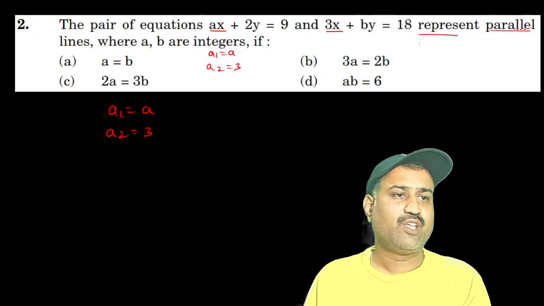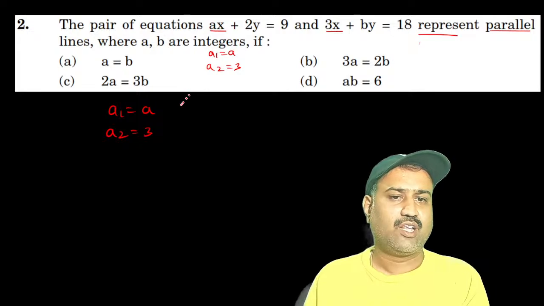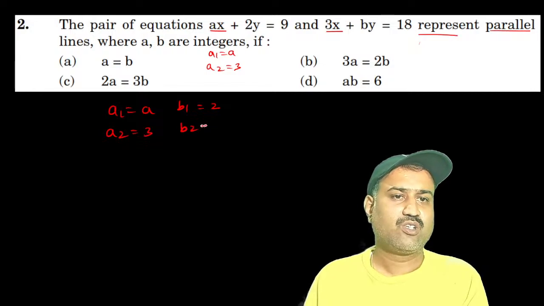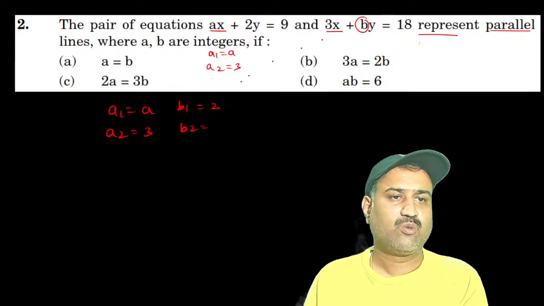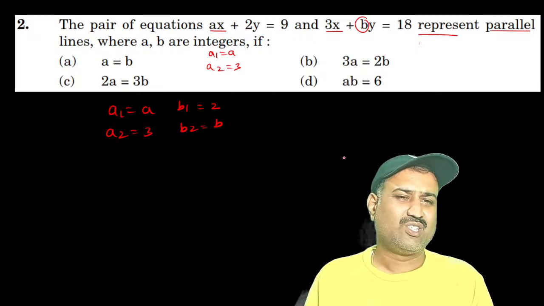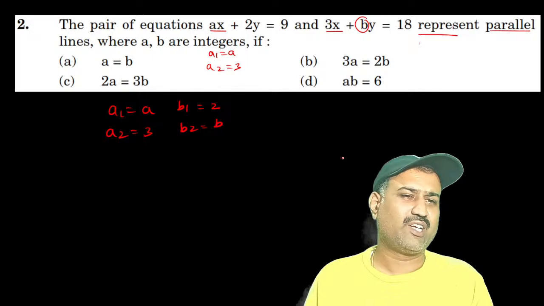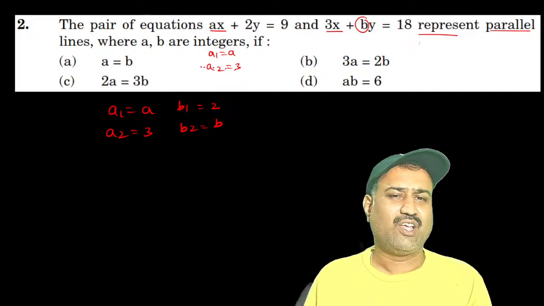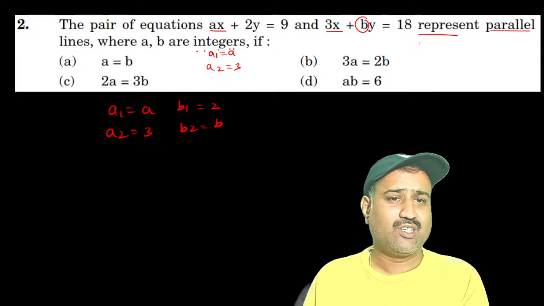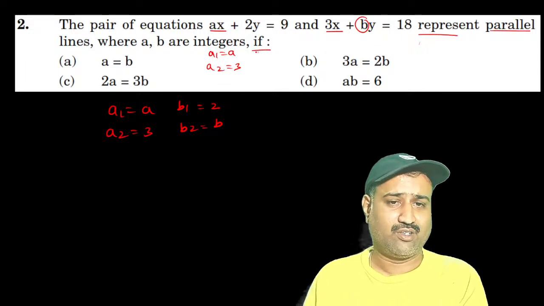If they are parallel lines, then b1 is 2, b2 is b. Don't worry about c1 and c2 here, not necessary. They are 9 by 2, right? They're not necessary here. They asked where the lines represent parallel lines under the given condition.